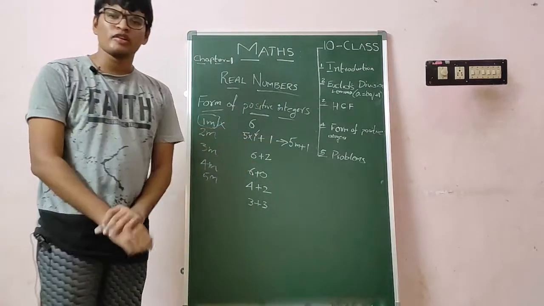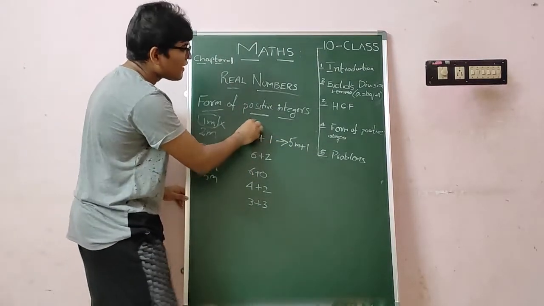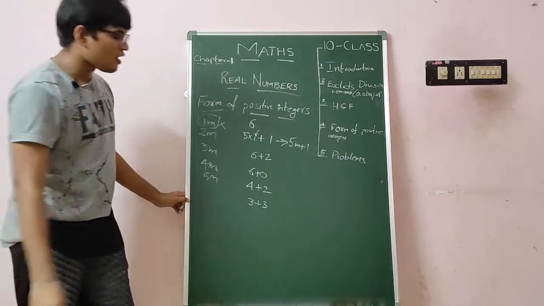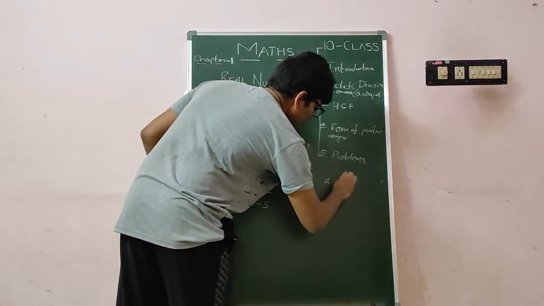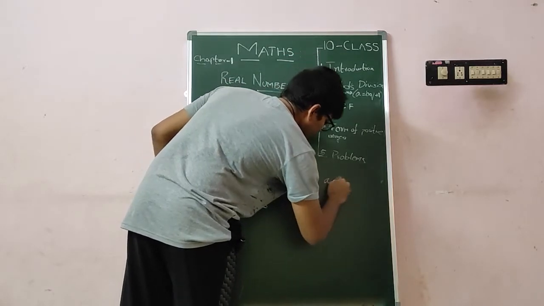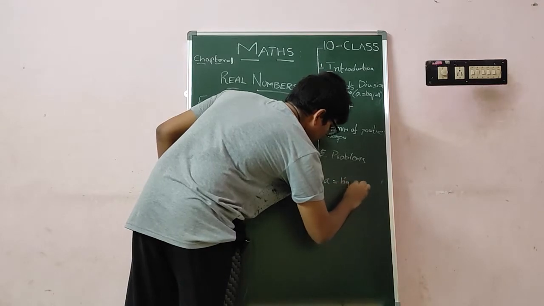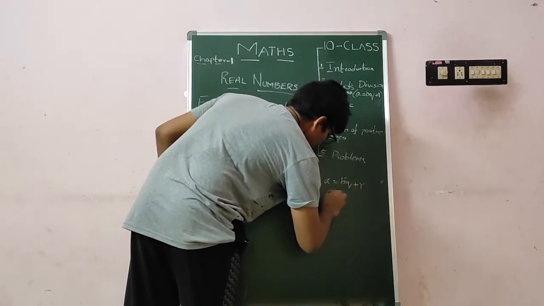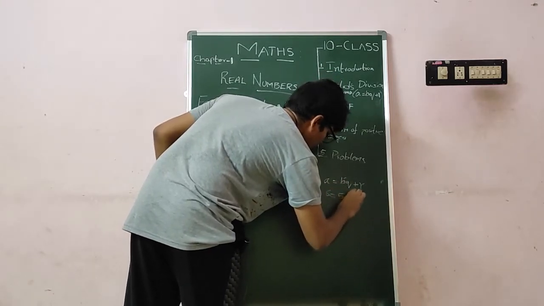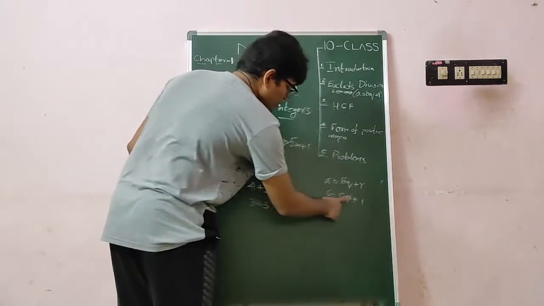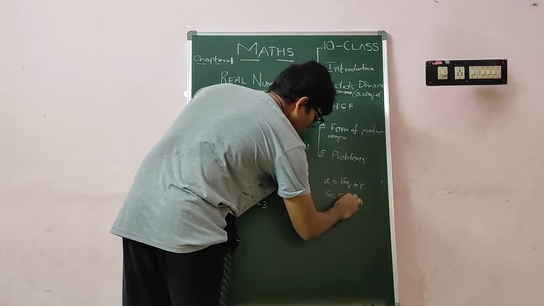What does this mean, students? You can relate it exactly to the formula A equals BQ plus R. 6 equals 5Q plus 1. Here we took 5m, no problem, students.